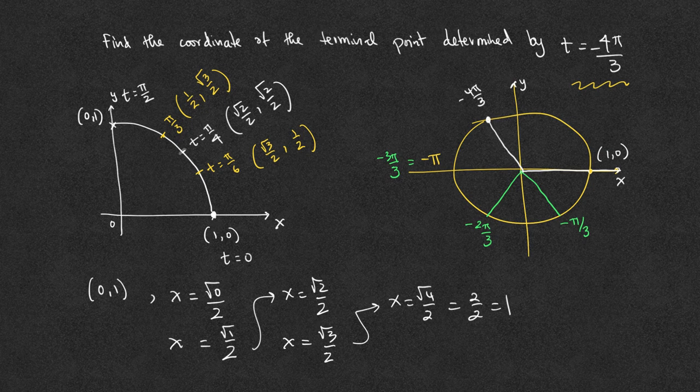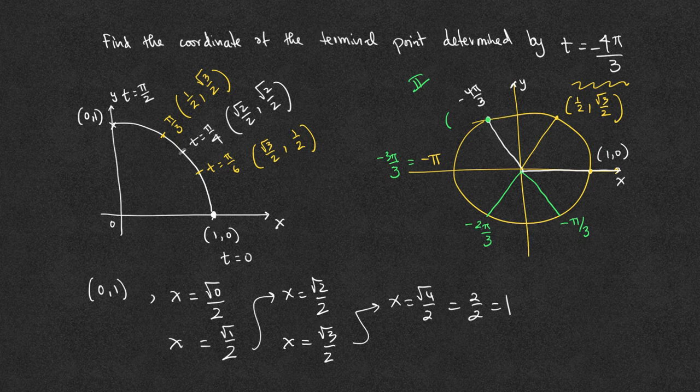Using symmetry, we know that this point has something to do with the point in the first quadrant. If t is pi over 3, the coordinate of the point in the first quadrant is x equals 1/2, y is root 3 over 2. Using symmetry, the coordinate at the point determined by t equals negative 4 pi over 3 must be, this is in the second quadrant, so x has to be negative.